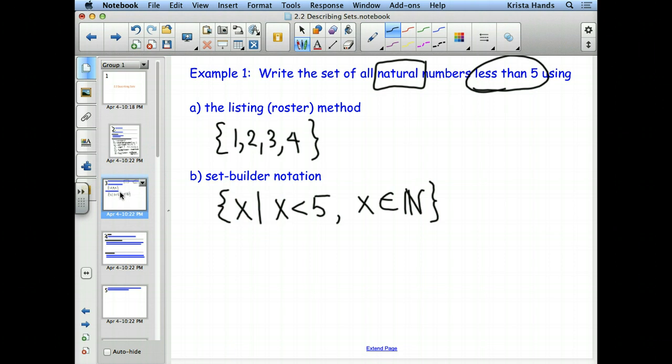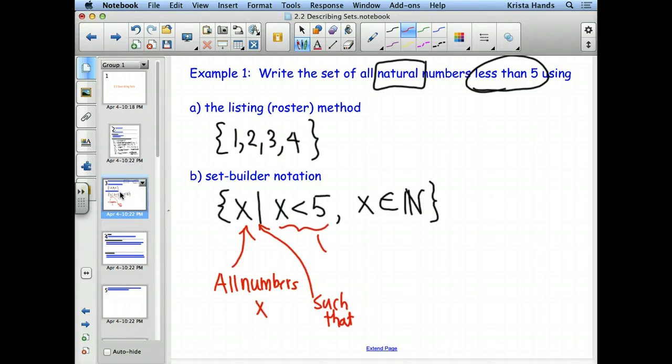This is the notation. Now let me talk you through what it actually is saying. This first X is saying all numbers X. This bar here is read as the phrase such that. That means with the following conditions, as long as the following things are happening to be true about it. Okay? Such that. Of course, you guys know what this one is.